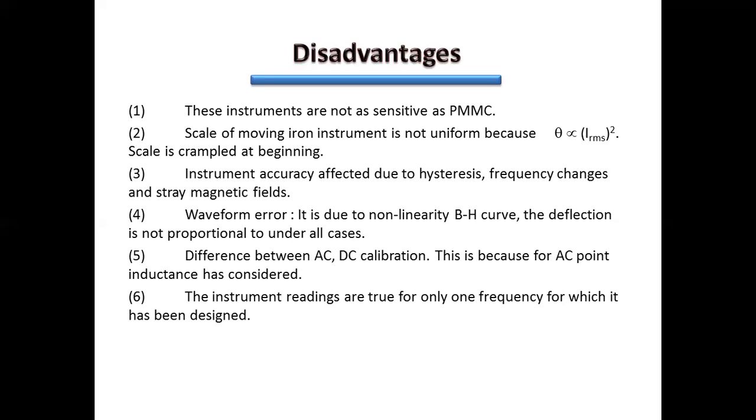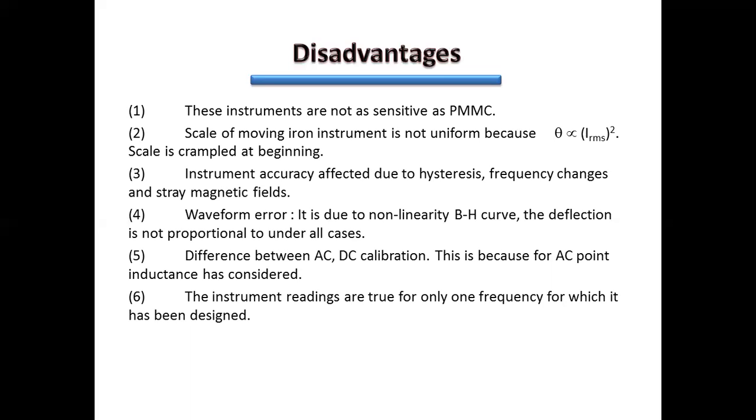The waveform error: you cannot use the same instrument for different waveforms like triangular, sinusoidal, square waveform, because for each shape of waveform you have to design the instrument separately, and it happens because of the non-linearity which is inherently there due to the magnetic material BH curve property.